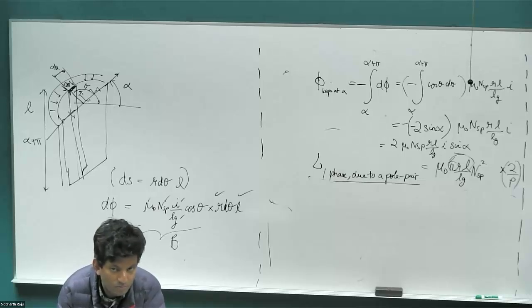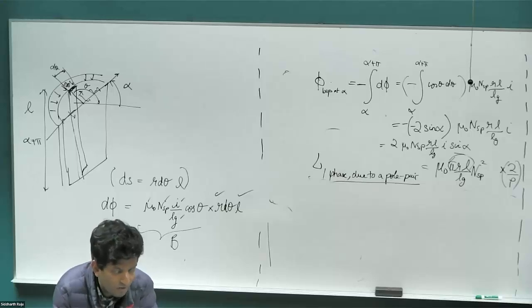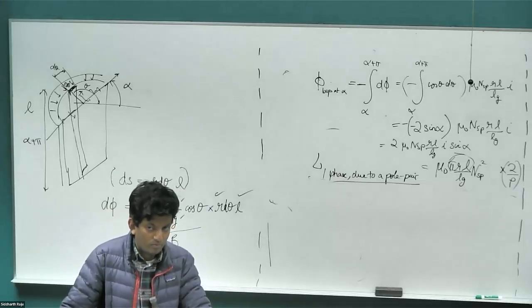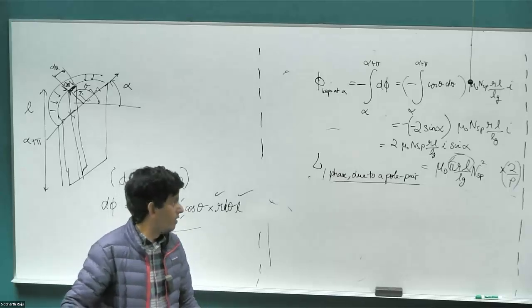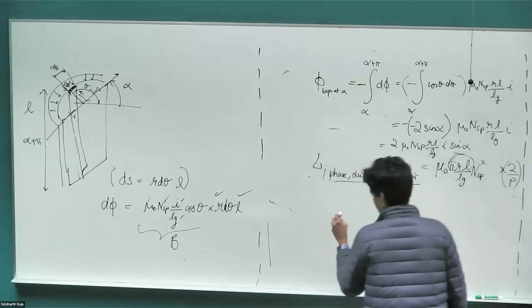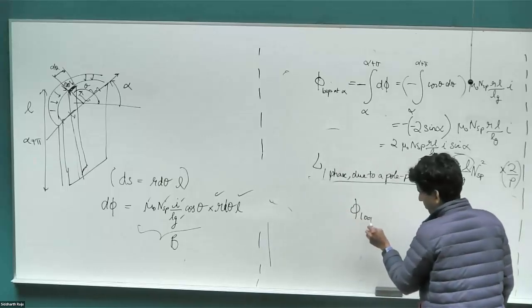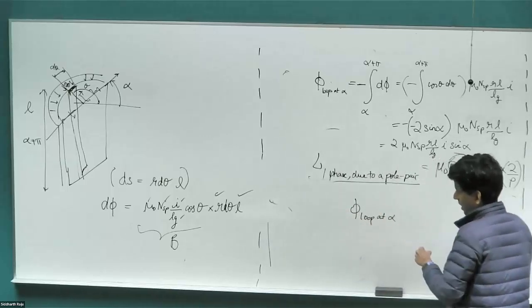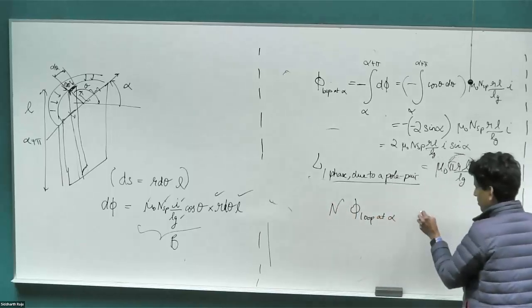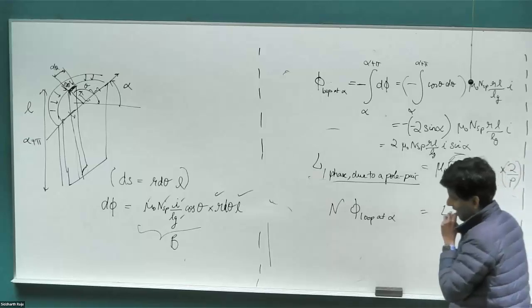Multiply by N, divide by I. If you say that your flux linkage is equal to L i, perfect, just divide. So this is just the flux of the loop at coil alpha. If I multiply this by N, that must be equal to L i.